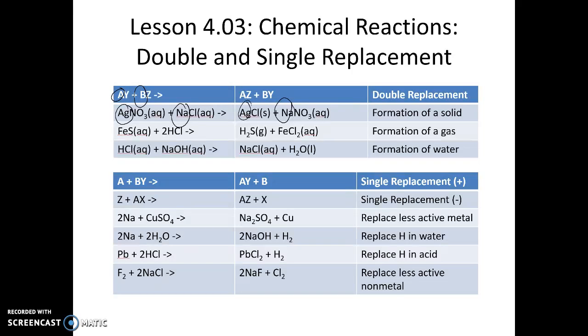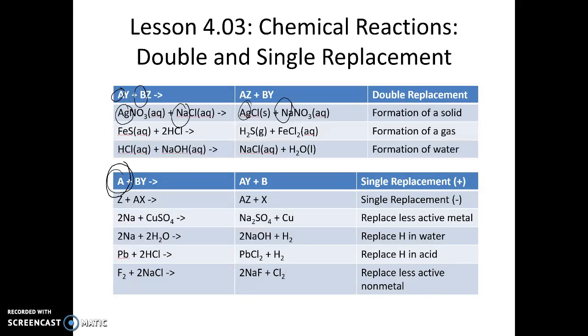Now, single replacement looks a little bit similar to this, but it has one big key difference. You will see an element that is sitting all by its lonesome in a single replacement reaction. So notice here, A is not going to be with anything else. It is a lonely element.